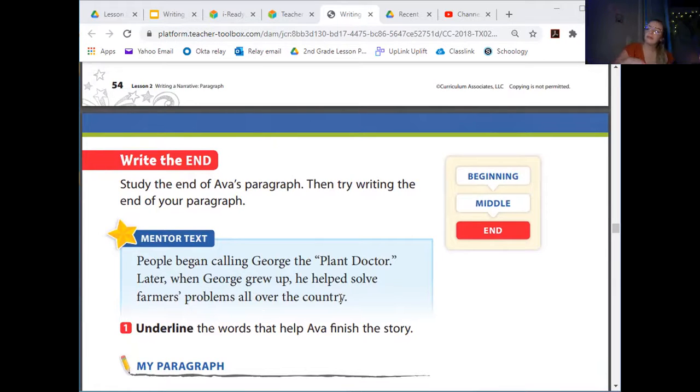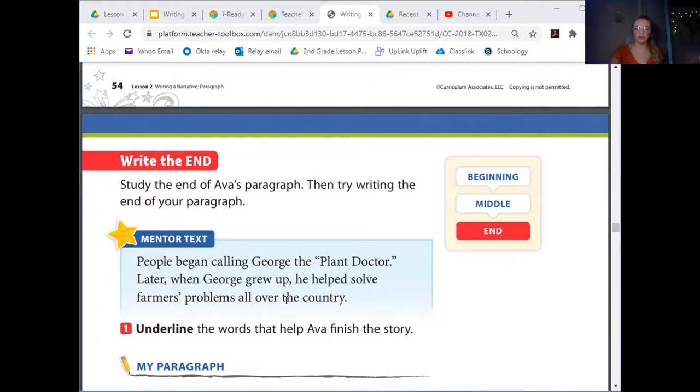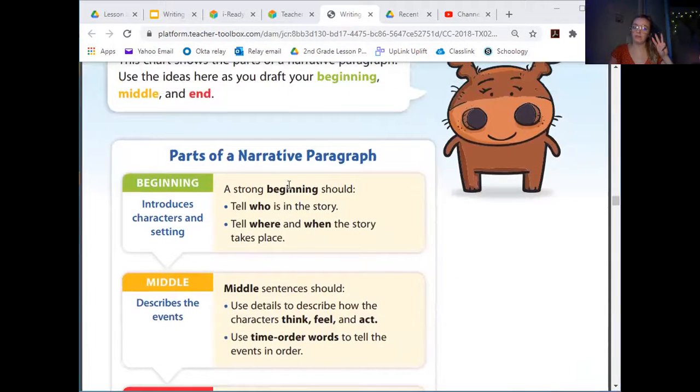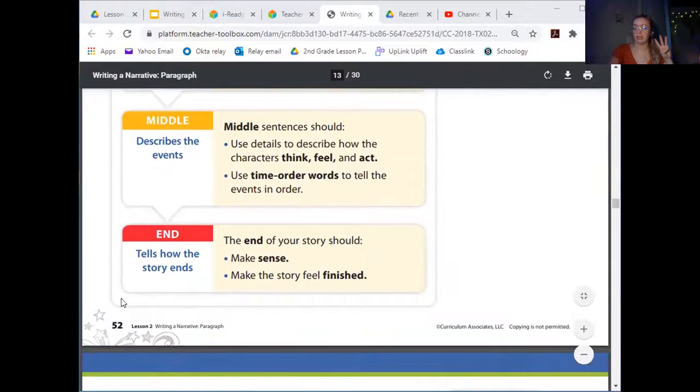All right, so now that we have an example of an ending here, what do you think the end of a narrative paragraph should include? What did we go over when we talked about the 3 parts of a narrative paragraph here on page 52? What did we say about the end?